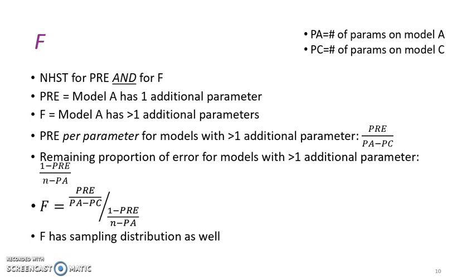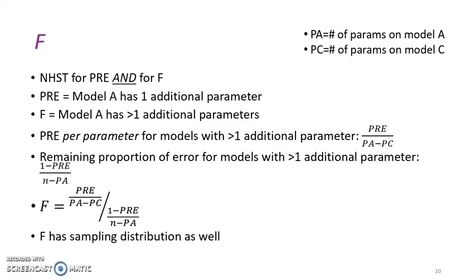Now let's talk about the F statistic. We actually conduct null hypothesis significance testing for PRE and for F. We use proportional reduction in error, PRE, when model A, the augmented model, only has one additional parameter.